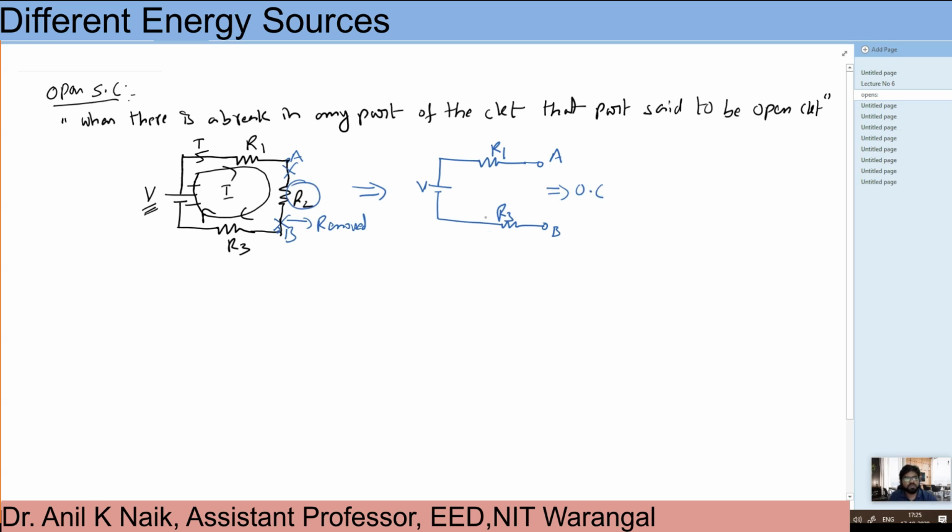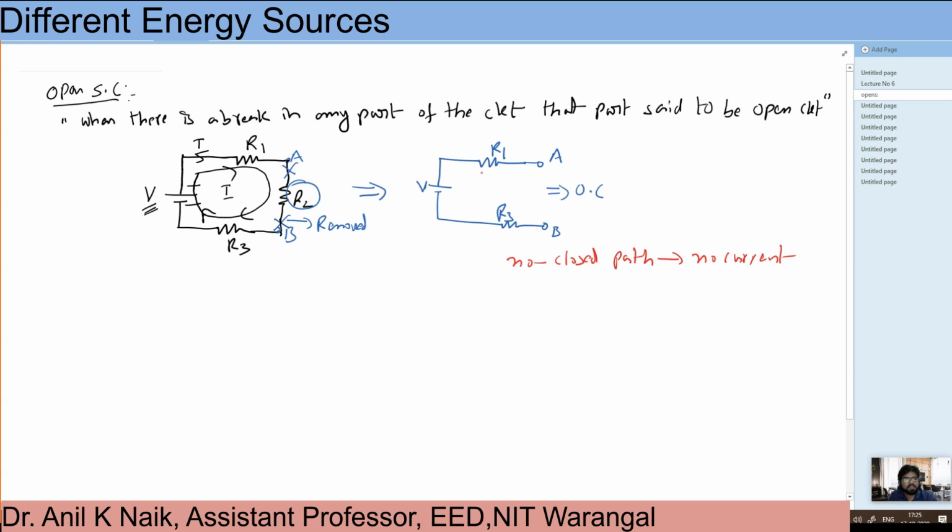Now my circuit is in open circuit condition, and during this condition we need to analyze what the current and voltage are. When there is an open circuit, it means no closed path, and consequently no current flows through the circuit.